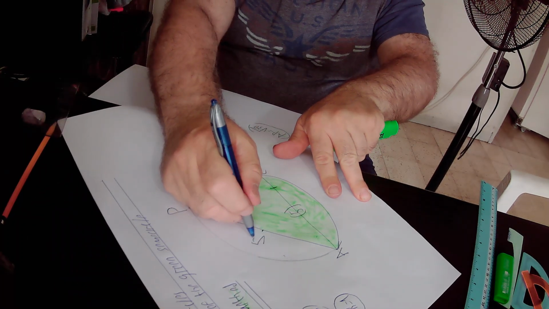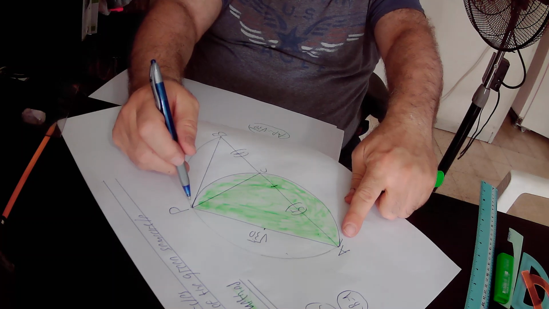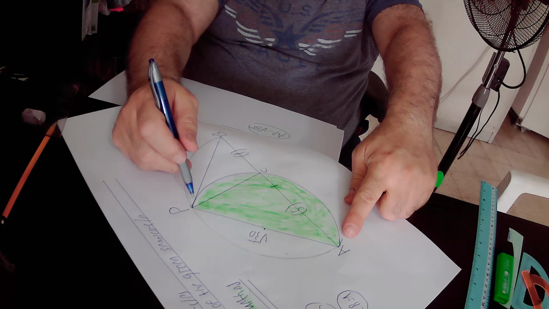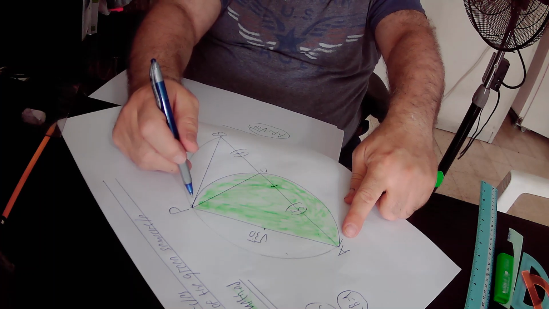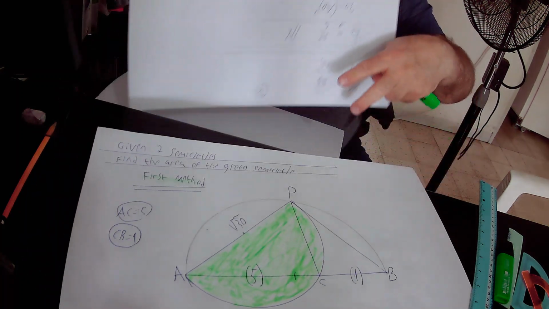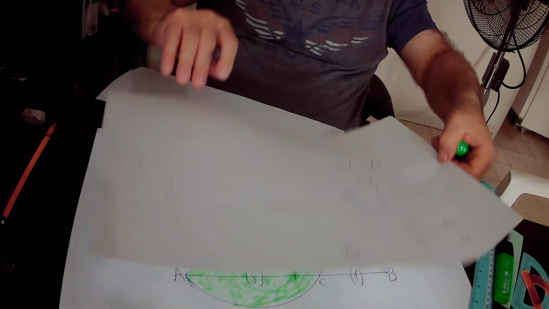And we have already found out that AP is the diameter of the green semicircle. If AP is the diameter, it means that AP over 2 must be the radius.